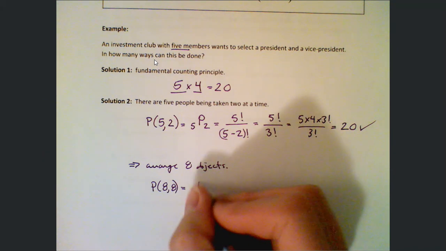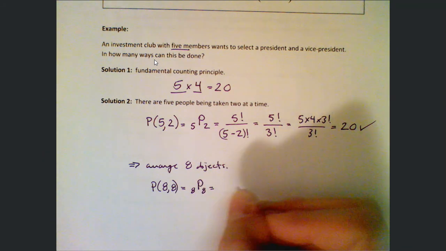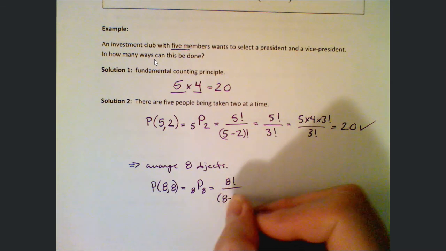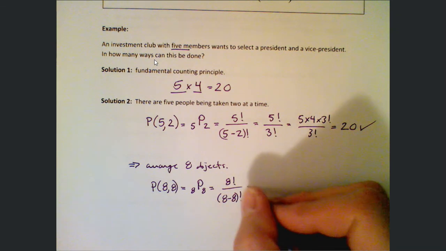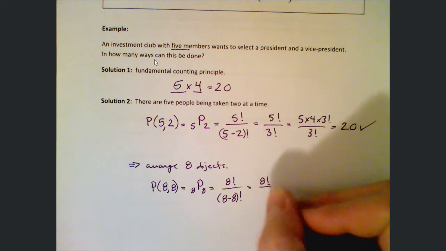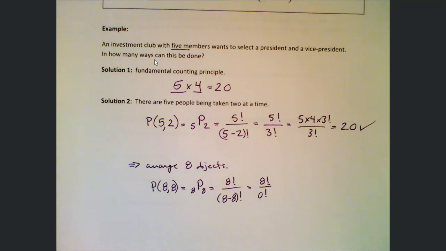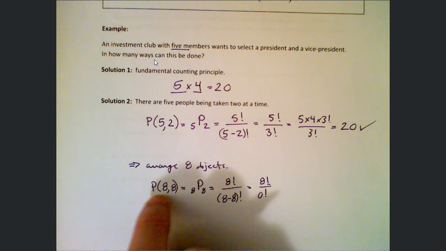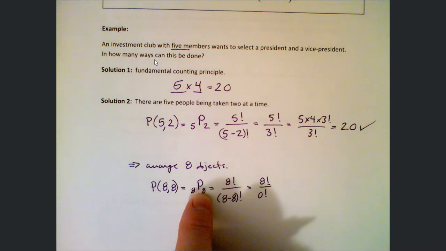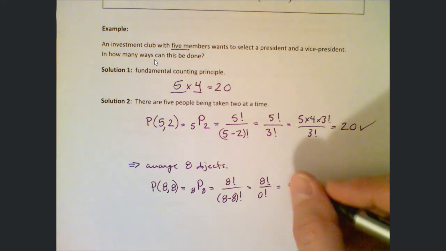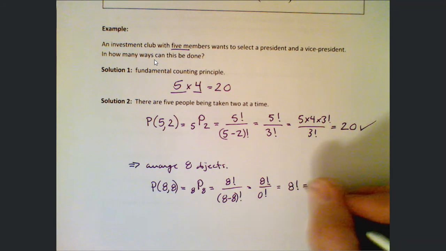That's 8P8, which is 8 factorial over 8 minus 8 factorial. Like that. And you think, you can't divide by 0. But we know that nPn, if these two numbers are the same, it was just 8 factorial.